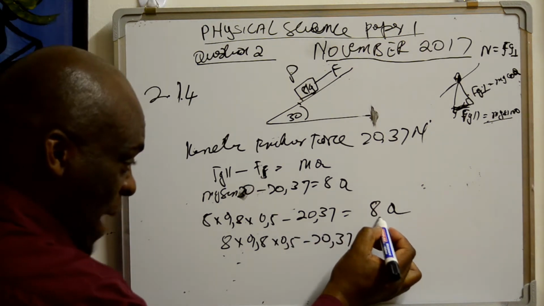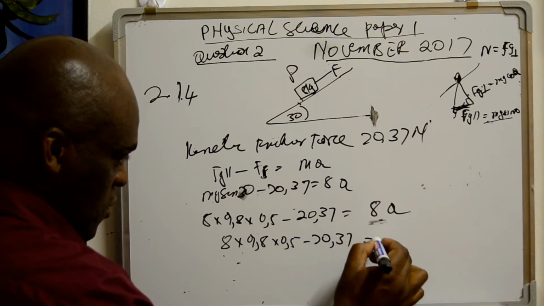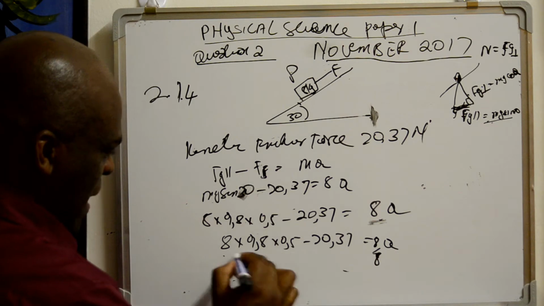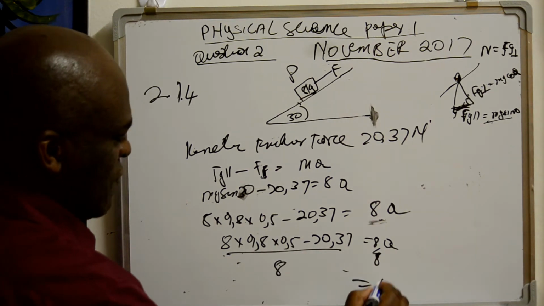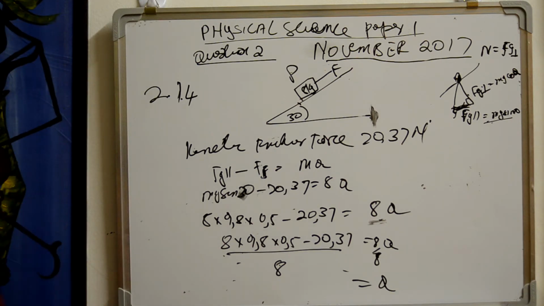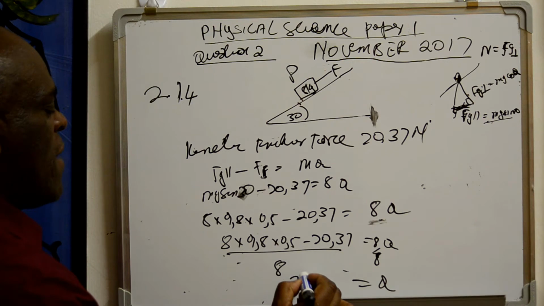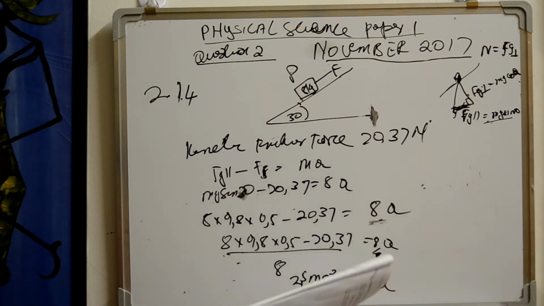Then you divide all of this by 8. I believe your answer should be 2,5 meters per second squared. That's the way I get 2.14.